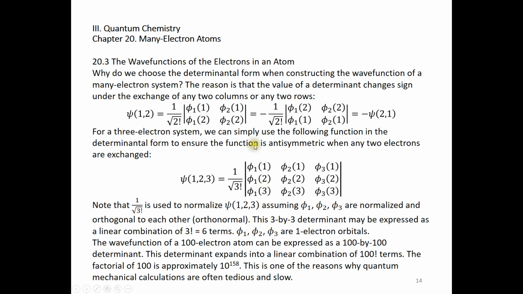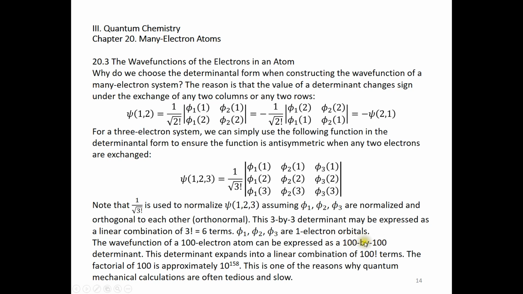And then we write them out, phi 1, phi 2, phi 3, etc., to phi of 100. So that's why we have 100 rows for 100 electrons, 100 columns for 100 wave functions. And then you have a huge determinant, 100 by 100 determinant.